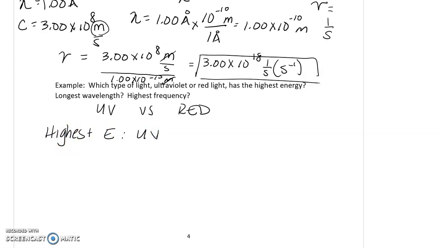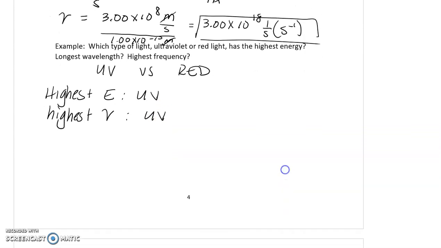And then we also know that for our spectrum, frequency goes in the same direction as energy. So what has to have the highest frequency? Well, it still has to be UV. And then we know that frequency and wavelength are inversely proportional. So we know that the longest wavelength has to be red light.